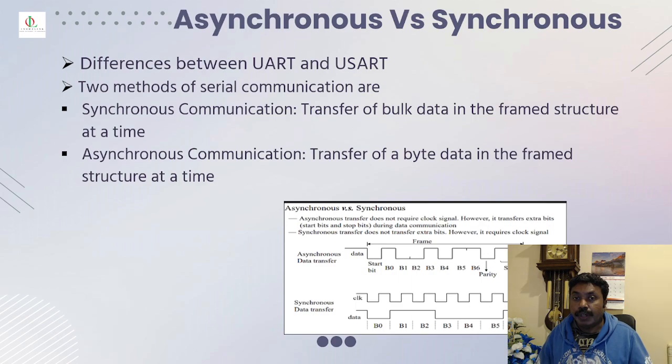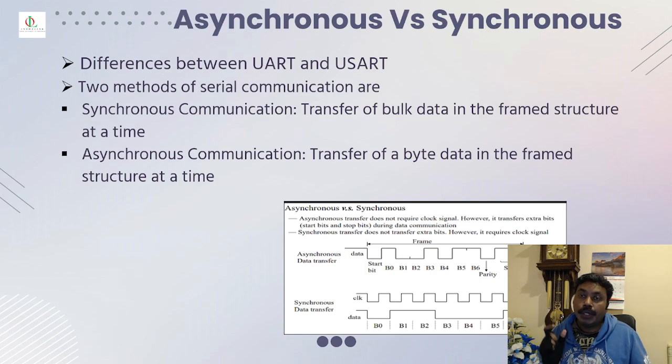In UART and USART, you have to transfer data from one section to another or from one machine to another machine. Therefore, data communication happens. And there are 2 modes of serial communication protocol, UART and USART.